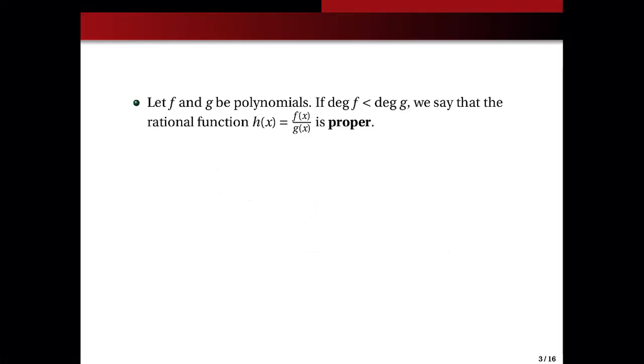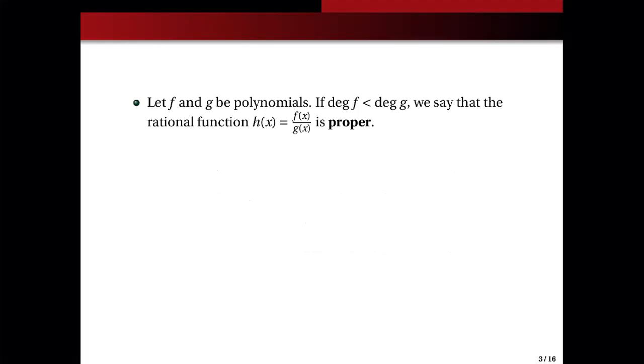Suppose we have polynomials f and g, and suppose the degree of the polynomial f is less than the degree of the polynomial g. Then we say that the rational function f of x over g of x is proper.